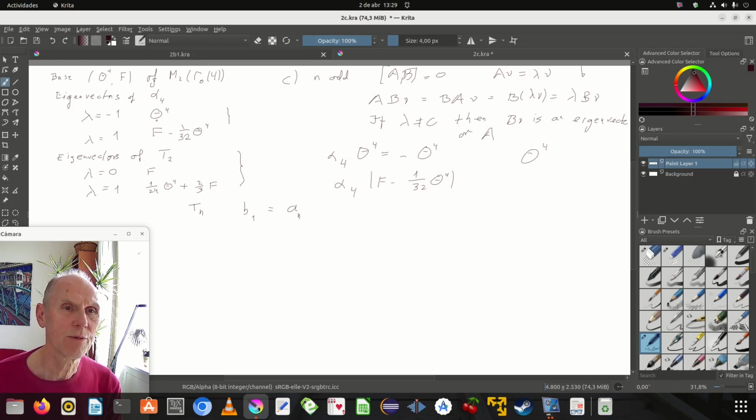So Tn of theta 4 and Tn of f and all linear combinations of them map into eigenvectors of what? Of alpha 4 and T2.